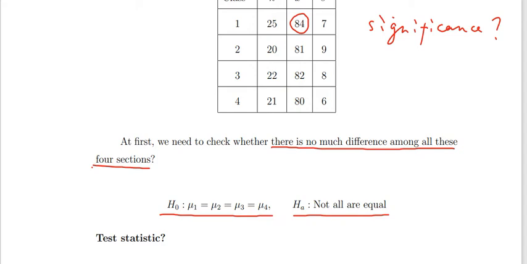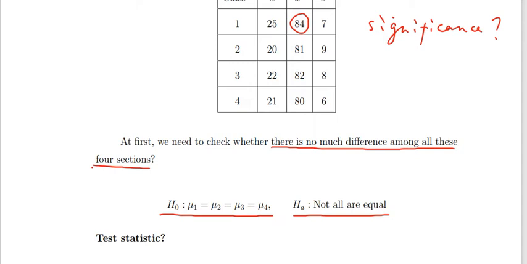If H0 is true, then we can stop the comparison. If H0 is not true, if we believe these 4 classes have differences, then we need to check the details, like where the difference comes from.